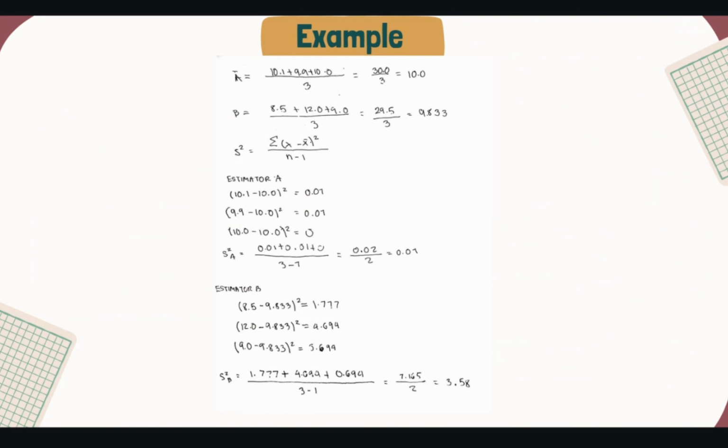And for estimator B, repeat the process also. Our given for estimator B is 8.5 plus 12 plus 9 over 3, which is equal to 29.5 over 3. To simplify, that is 9.833. And now we're going to solve the variance.